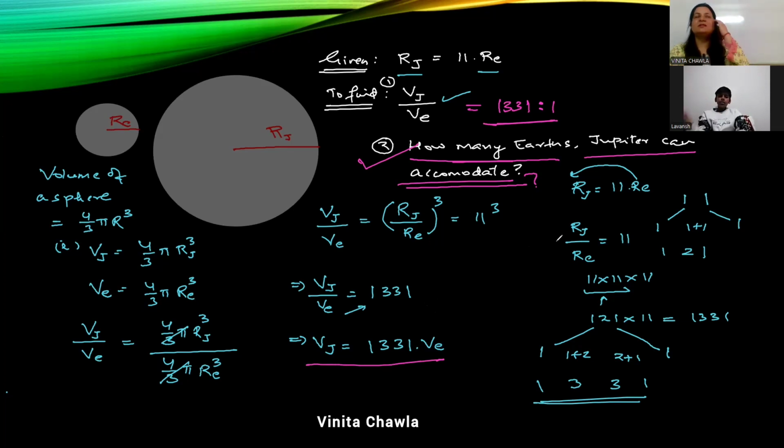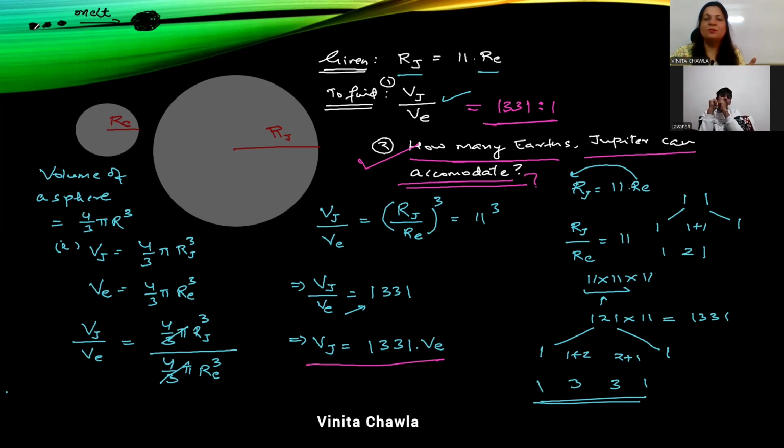Have you done questions like this in surface areas and volumes, that you have three balls of radii 2 centimeter each, and you reform the balls by melting, and when you melt the balls you form a bigger ball? Then find the radius of the bigger ball.